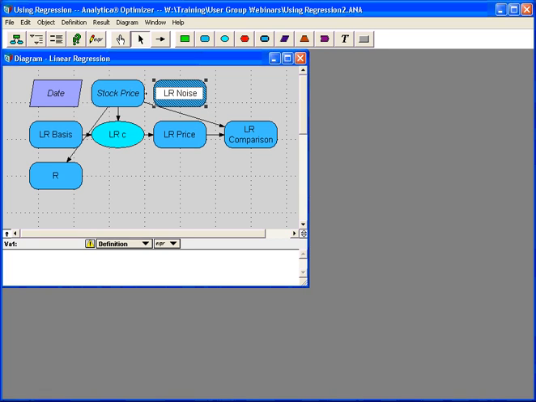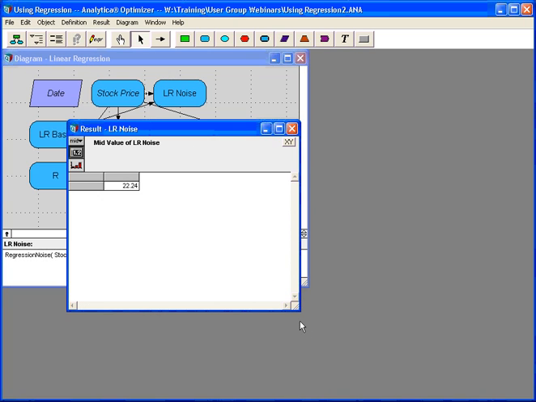First I'll compute this in a variable called LR noise. It takes the same parameters as the regression and regression dist functions, so I'm just going to copy paste and change the name. If I evaluate it, it gives me the standard deviation of the noise process.